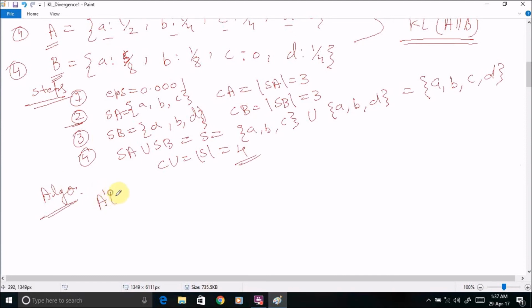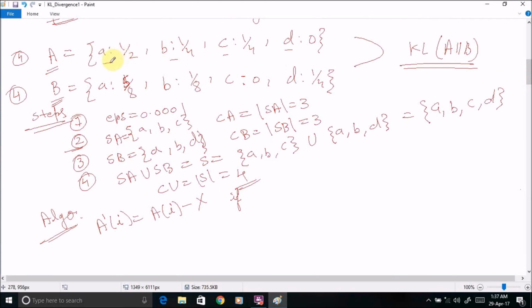We modify any event i like ai minus x if the event is non-zero and present in the probability distribution A, or we can say that if the event is in A with probability greater than 0, where x is equal to EPS divided by this count CA.